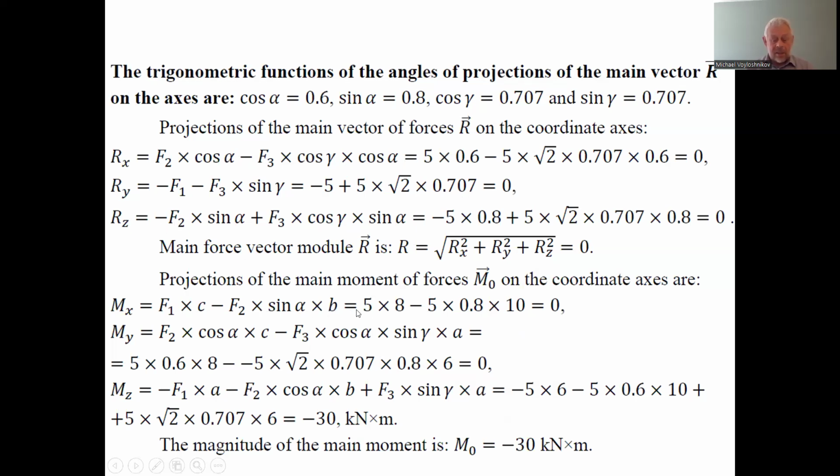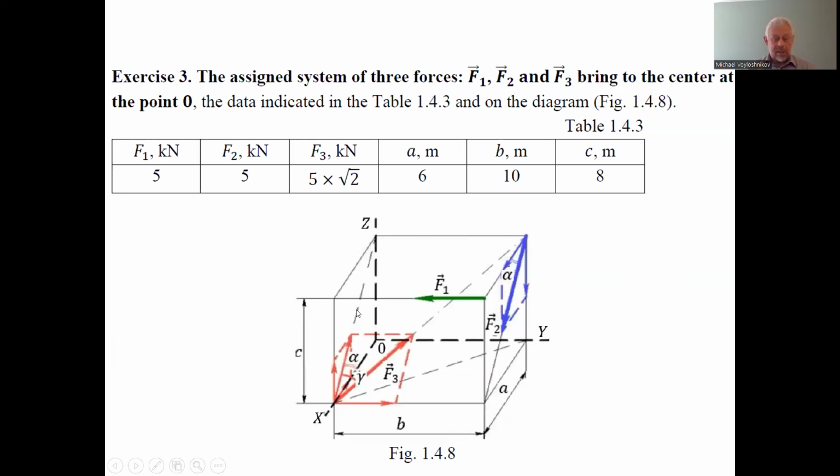Now the Z axis. On the applied axis, first we do not consider F1 because it is in the plane perpendicular to the z-axis, and we use F2 multiplied by sine alpha, finding the vertical part. It is the same as z on the axis z with a minus sign because it is directed opposite to the z-axis.